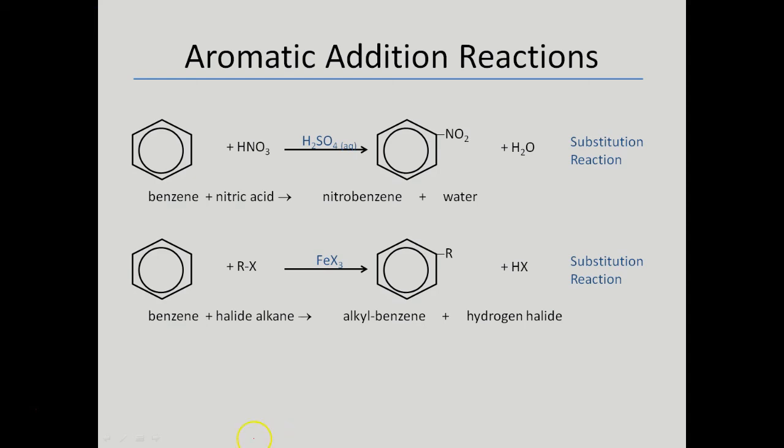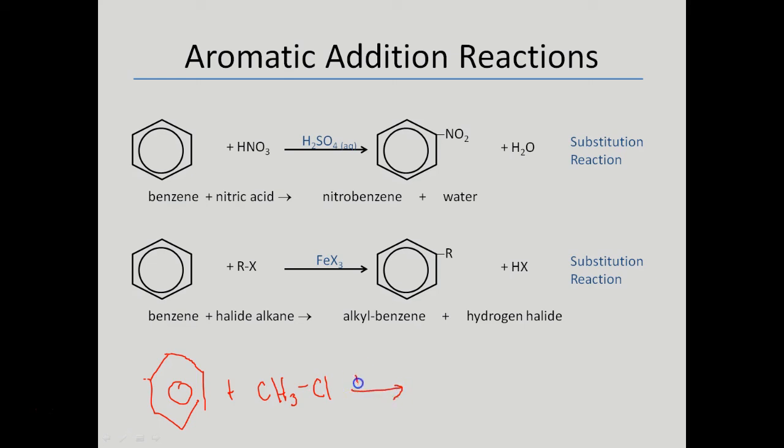So, for example, if I took my benzene and I want to add a methyl group to it, here I have my halide alkane.